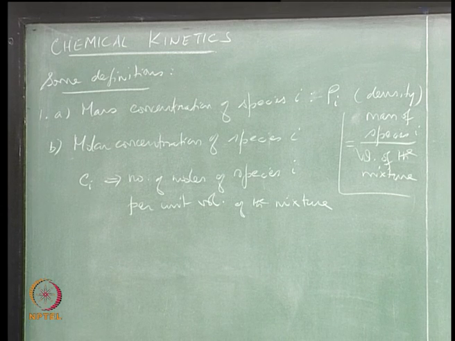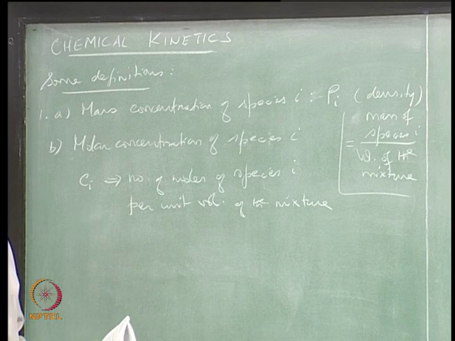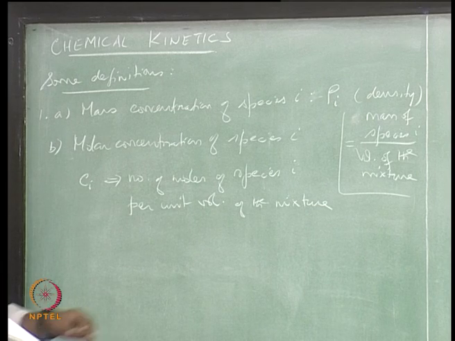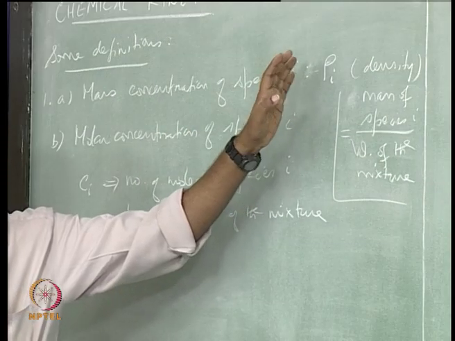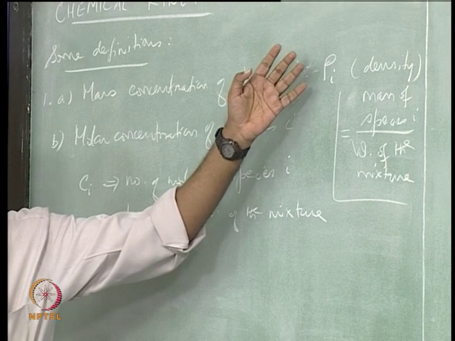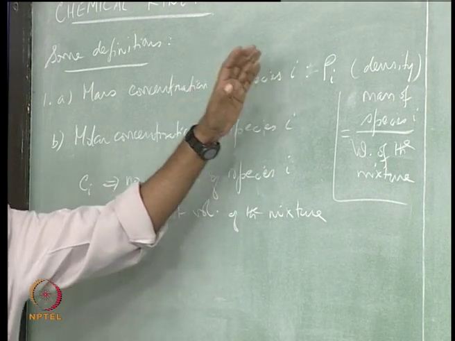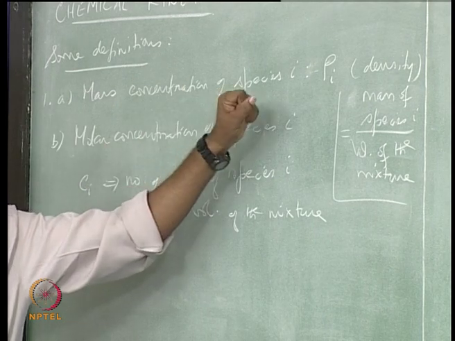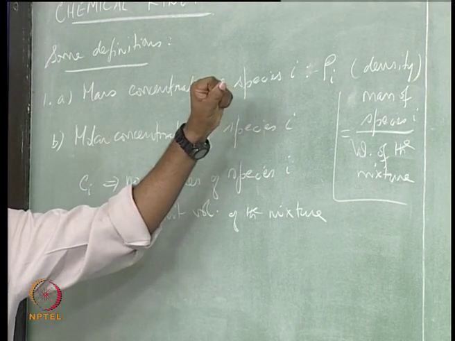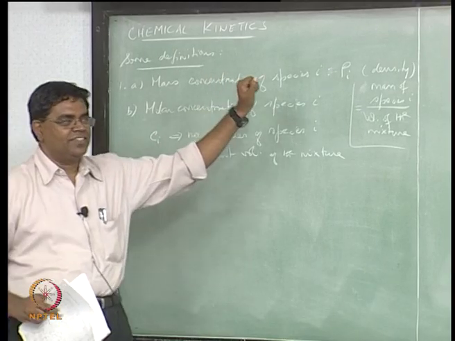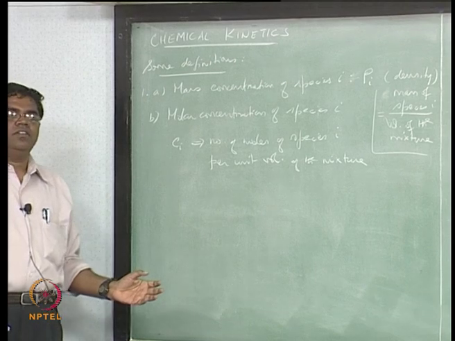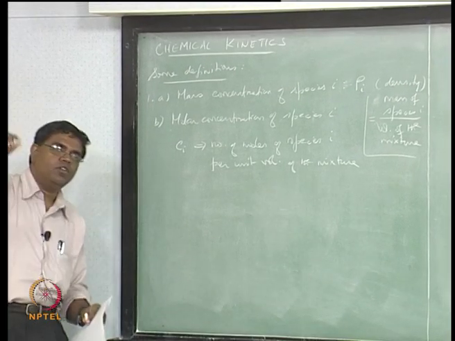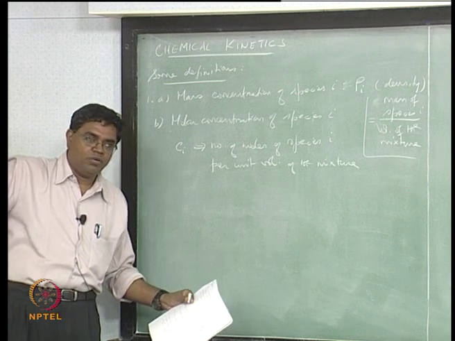Now I want to actually get the mixture density. What do I do? Do I take an average of all the species densities, rho I? We want to know the mixture density. You take a unit volume of the mixture. As we speak, there is air around, which is a mixture.